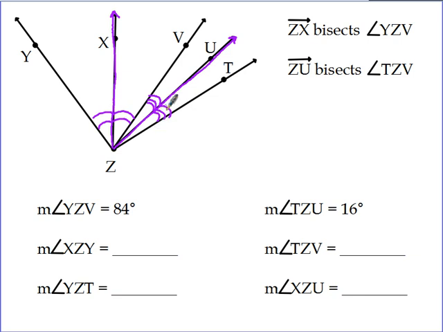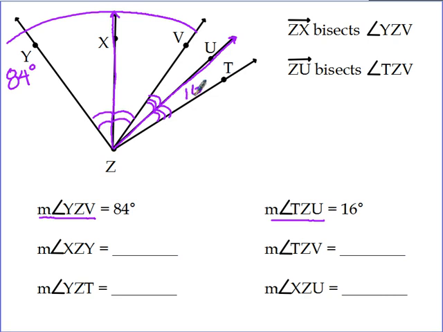Now if I look down here, it tells me that YZV is 84 degrees. So YZV, that's this whole angle, is 84 degrees. And then over here it tells me that TZU, that's this little tiny angle here, is 16 degrees.